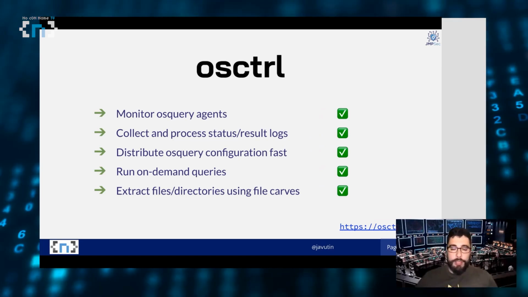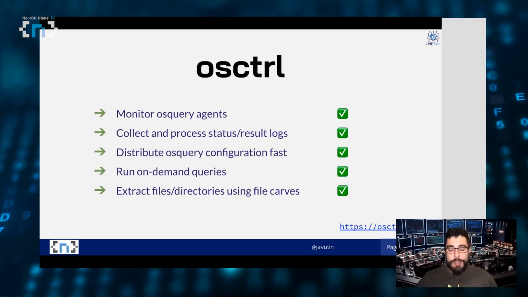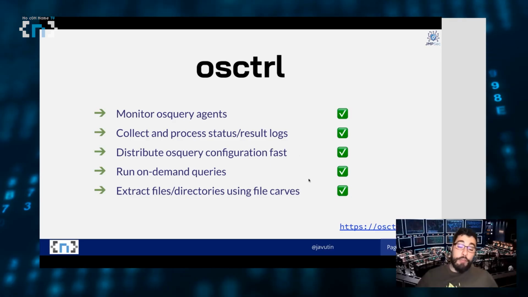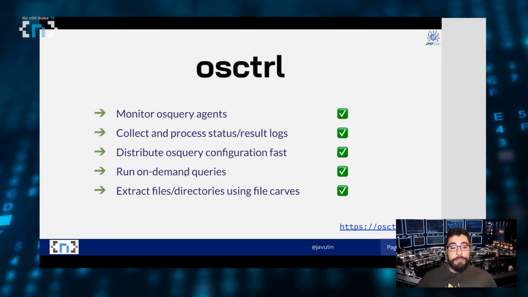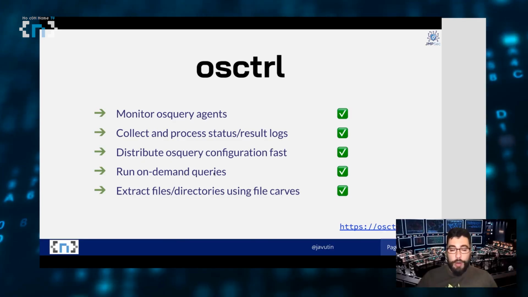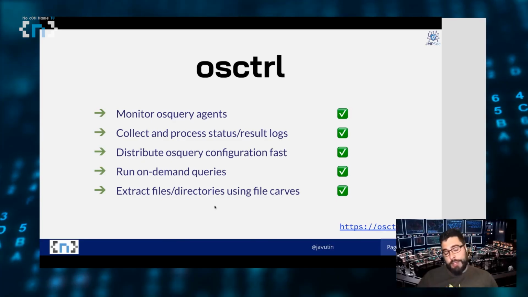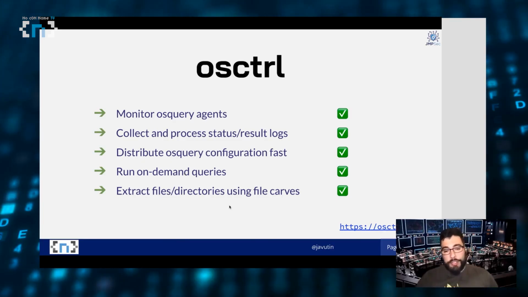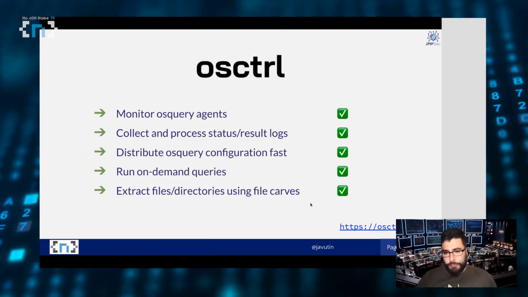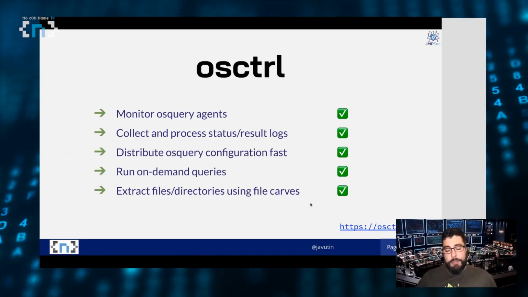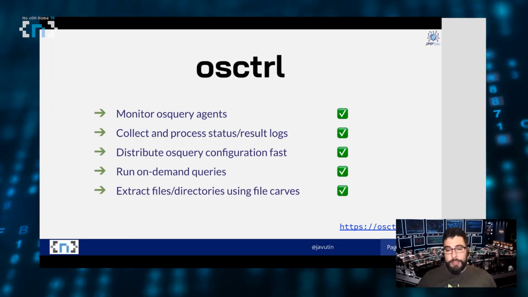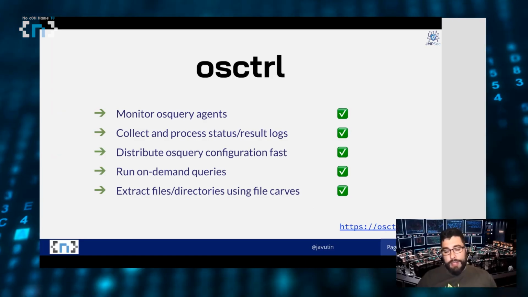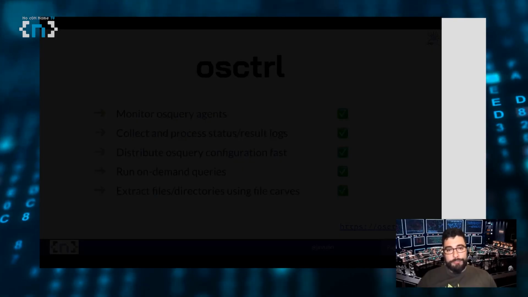Anything that you might want to build behind OS control is ultimately up to you. The configuration for osquery nodes is distributed pretty fast, along with running on-demand queries on those nodes, and extracting files or directories using file carves. So those are the pillars of OS control, why it was built in the first place.